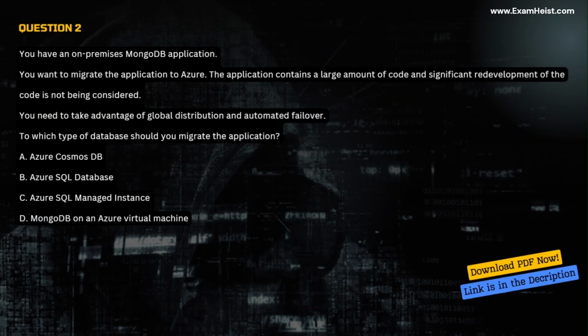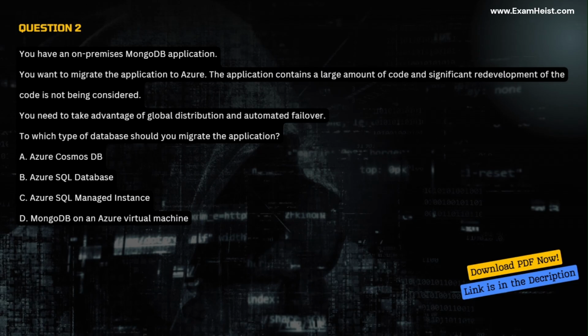Question 2. You have an on-premises MongoDB application. You want to migrate the application to Azure. The application contains a large amount of code and significant redevelopment of the code is not being considered. You need to take advantage of global distribution and automated failover. To which type of database should you migrate the application? A. Azure Cosmos DB.